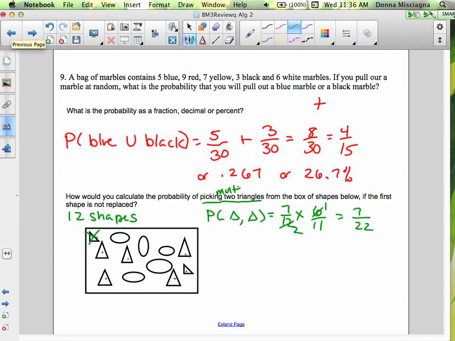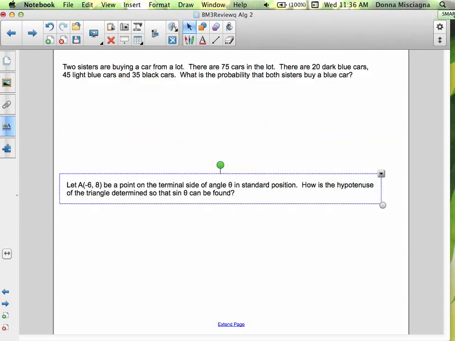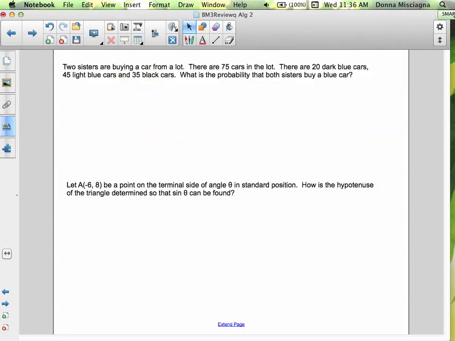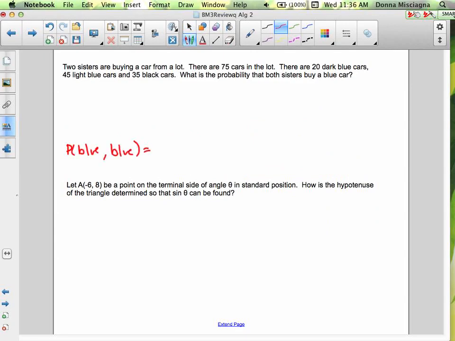Last probability question. Two sisters are buying a car from a lot. There are 75 cars in the lot. There are 20 dark blue cars, 45 light blue cars, and 35 black cars. What's the probability that both sisters buy a blue car? So it's the probability of blue and blue, and they didn't specify whether it was dark or light, so we'll have to add those together.